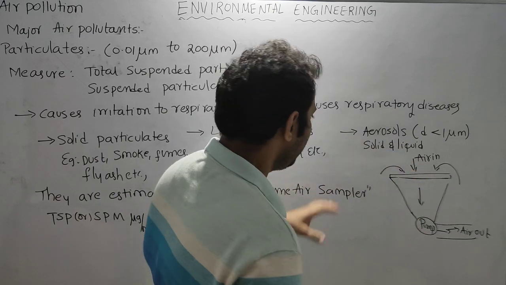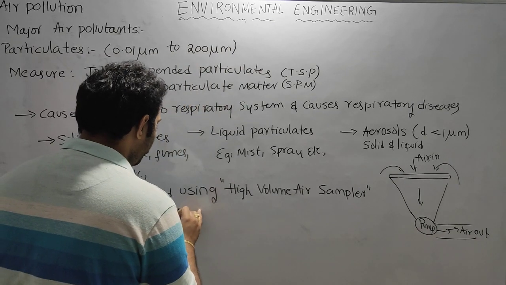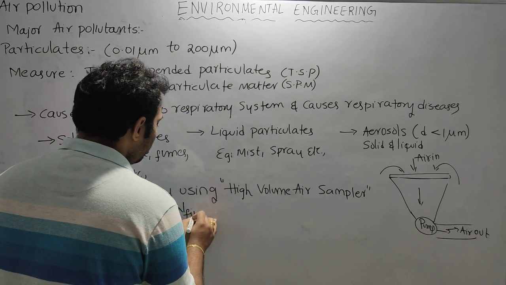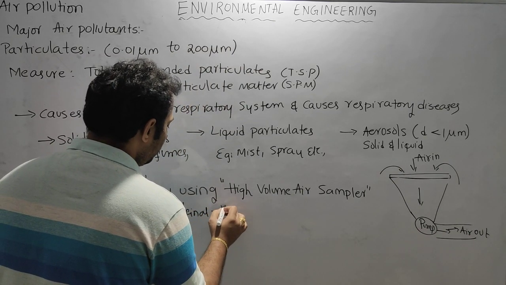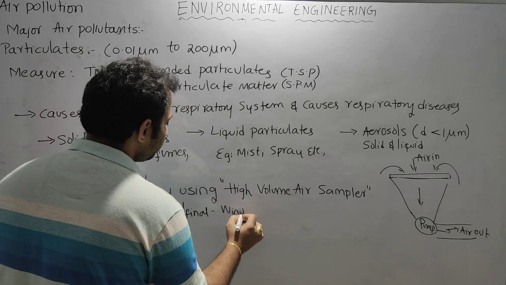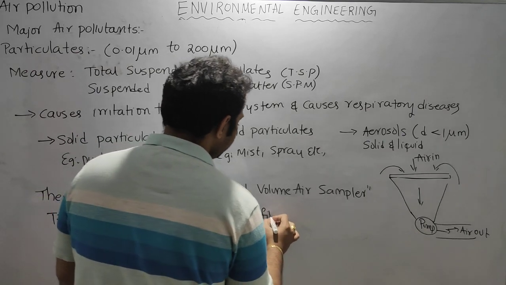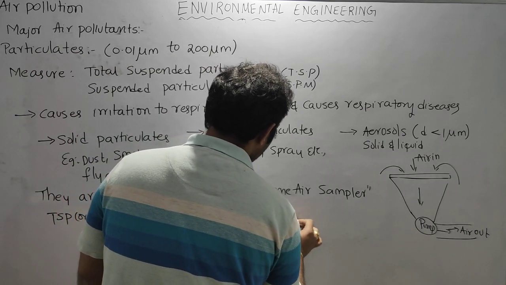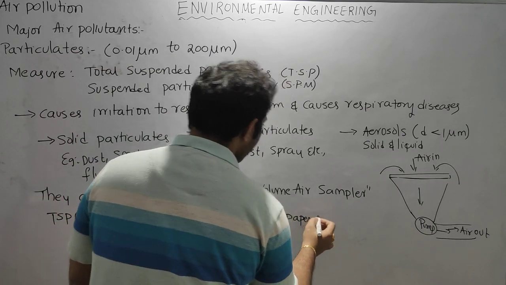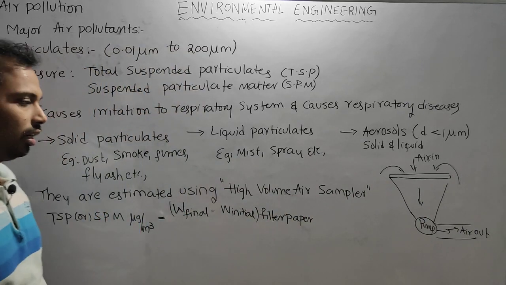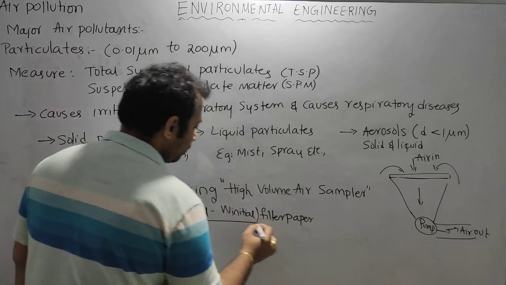So weight final minus weight initial of the filter paper tells us how much particulate is entrapped.